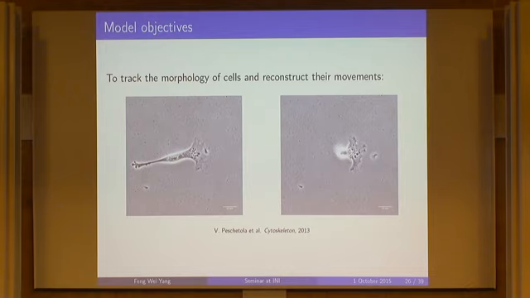That is really what we're trying to do: reconstructing the movements, and focusing on reconstructing the morphology of the cell as well. The image taken over here is from a French group publishing in cytoskeleton.